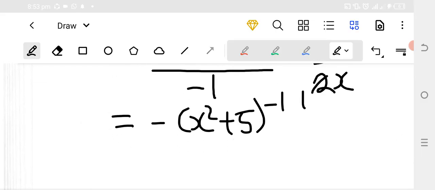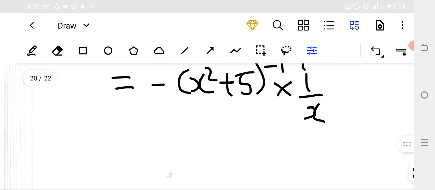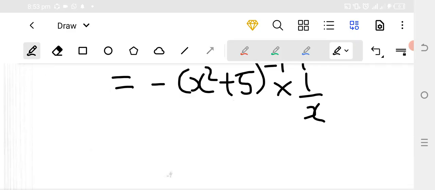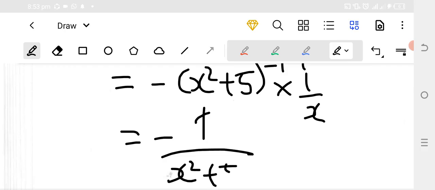You multiply by 1 over x. So it's going to become negative 1 over x squared plus 5.